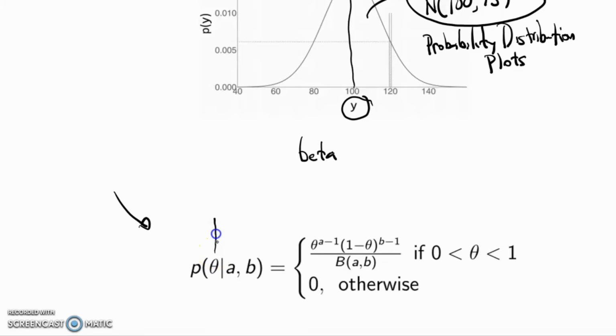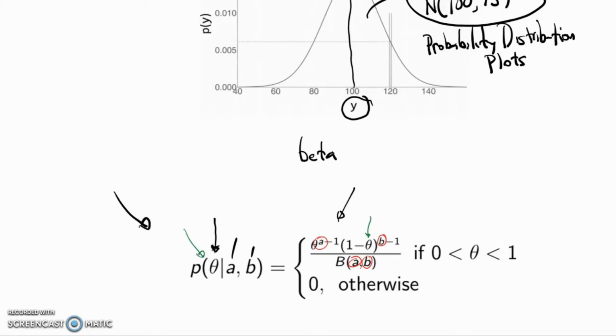We're interested in some parameter theta, and this parameter theta is going to have a beta distribution with two parameters, A and B. Very similar to the normal distribution, we specify particular values of A and B, and then plop in a particular value of theta, and what comes out the other end is the probability density of theta.